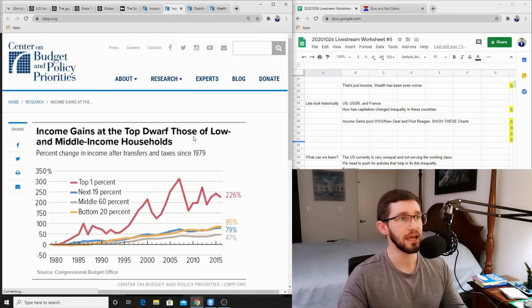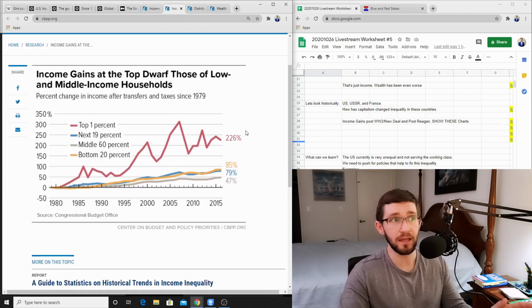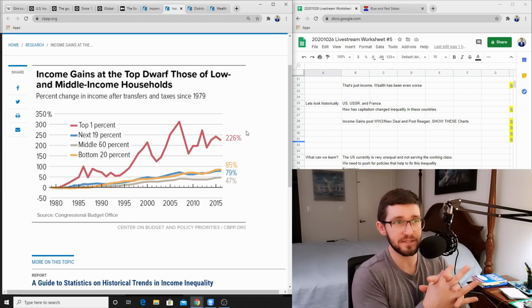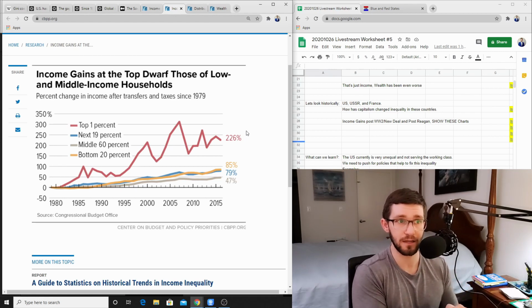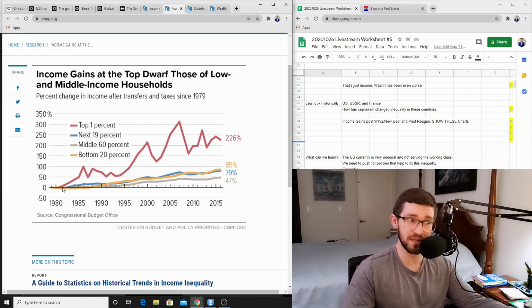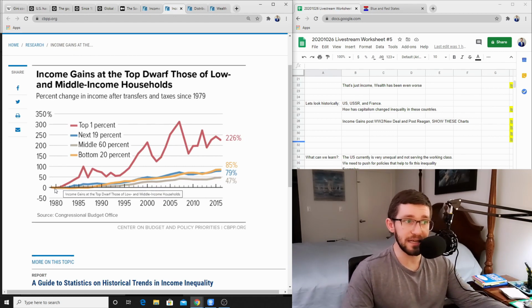This is showing the income gains for households, right? So this is since 1980, so a little bit more specific. And we can see it's insane. The top 1% gains compared to the bottom 20%, the next 19, it's pretty bad.